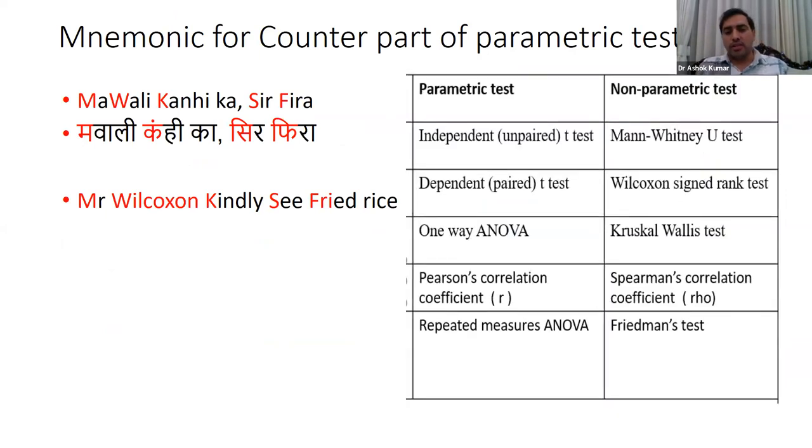So Mawali is Mann-Whitney U test, the second Mawali is Wilcoxon signed rank test, Kahika is Kruskal-Wallis, S is Spearman correlation, and then Friedman, that is Fira, F. Okay, and here, Mr. Wilcoxon, kindly see fried rice.